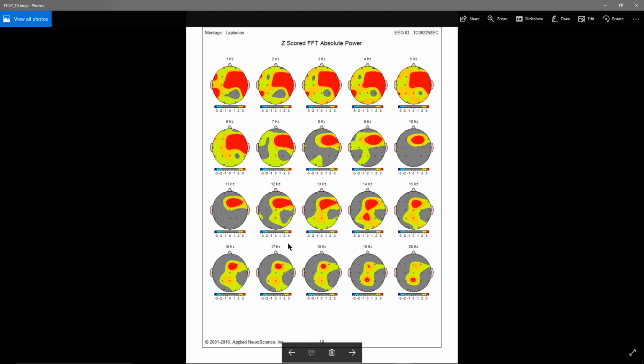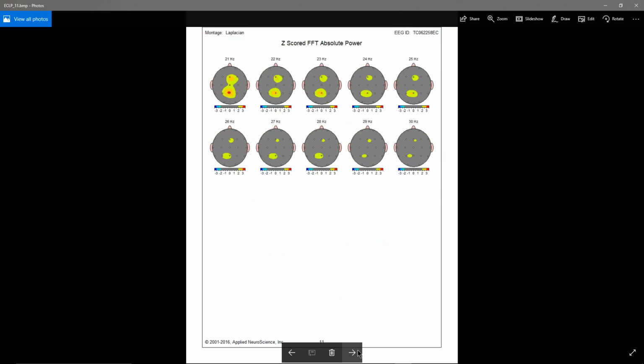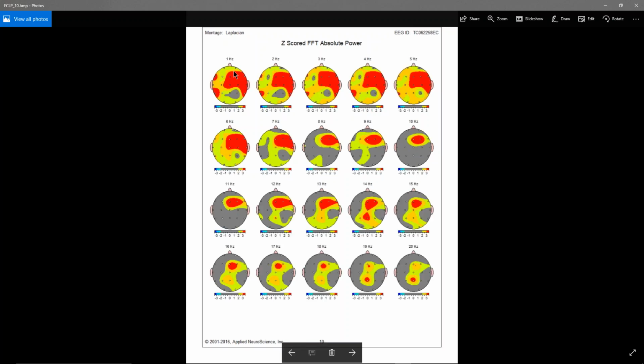And we're seeing that it runs up throughout the frequencies up to about 21 hertz or so. There's a little bit of activity showing up at FZ and P3 and PZ here. But mostly it's this slow activity on the right side that shows impairment.